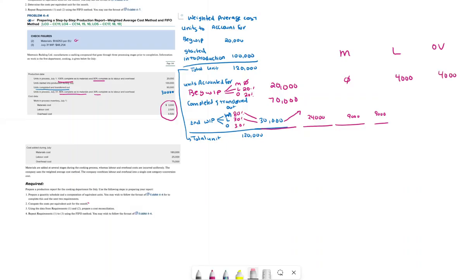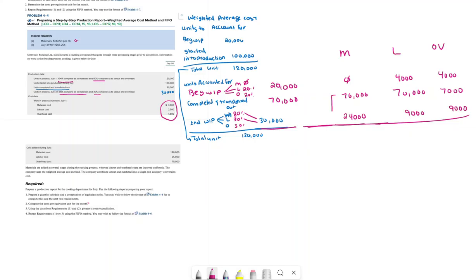I am going to do 70,000 here because they're 100% complete, 70,000 here, 70,000 here, and my ending was 30,000, and we know that we completed 80% in the form of material: 27,000, 9,000, and another 9,000.